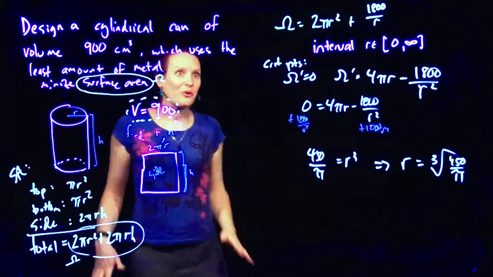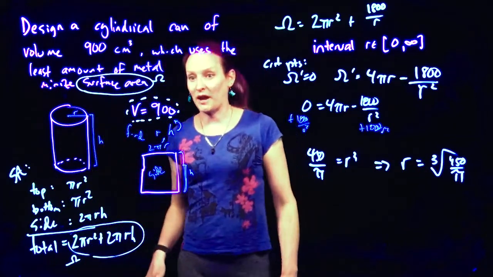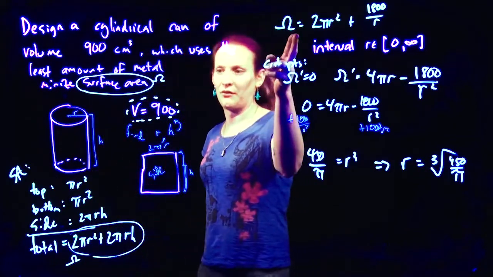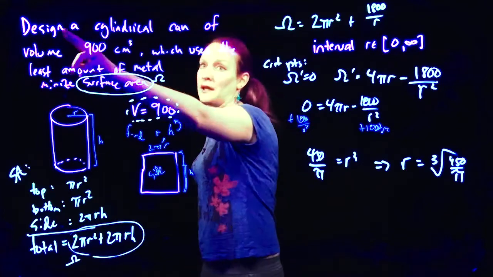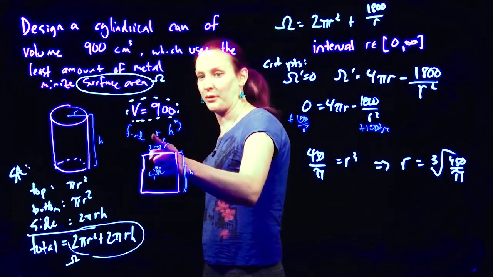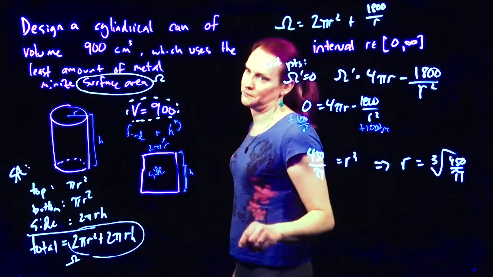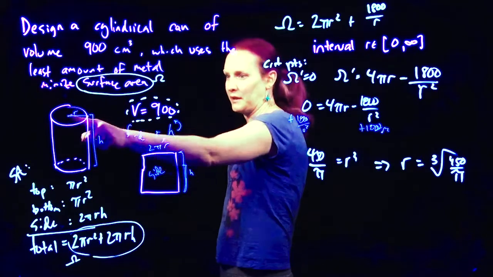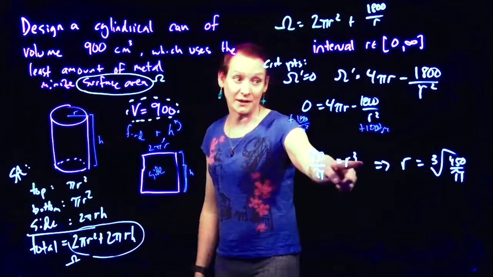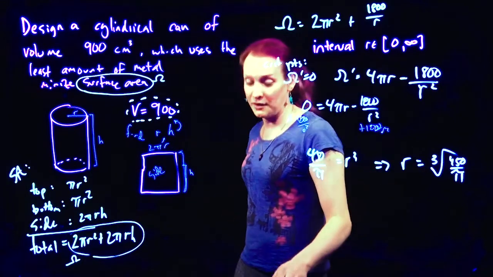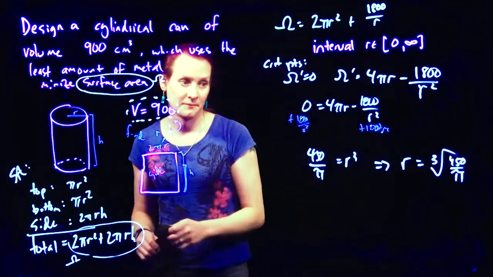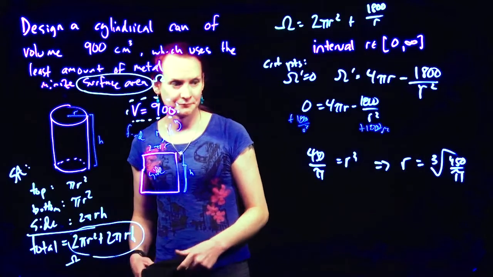We are so close. Again, what's our objective? To minimize this function, to design a cylindrical can, which means coming up with r and h. I need to find the radius and the height. We found the radius. Now we need to find the height.